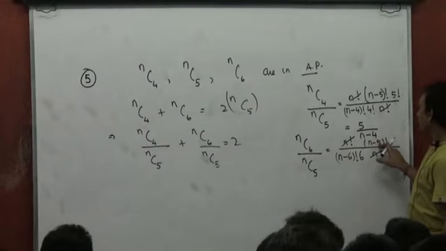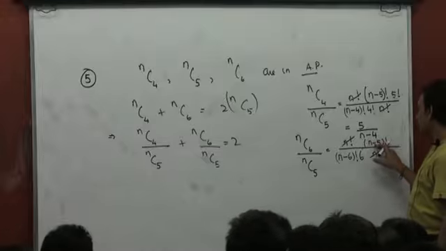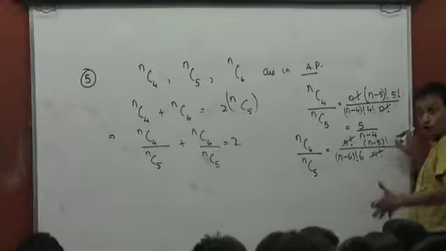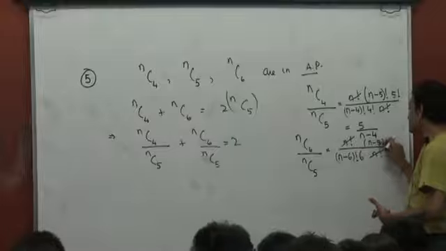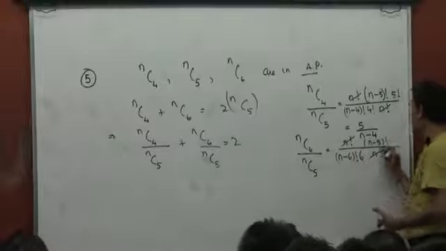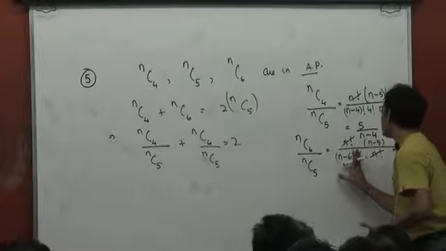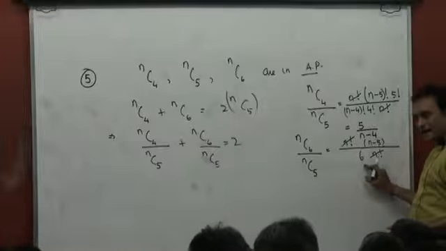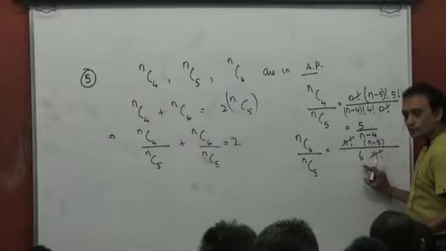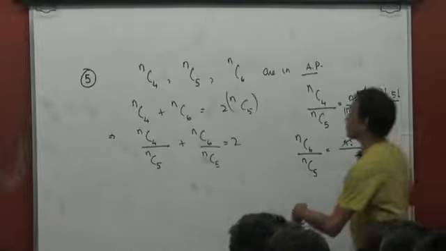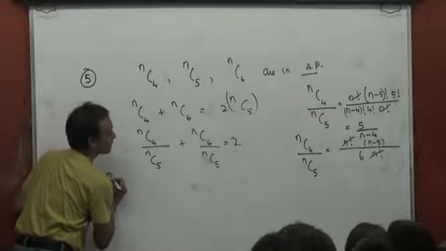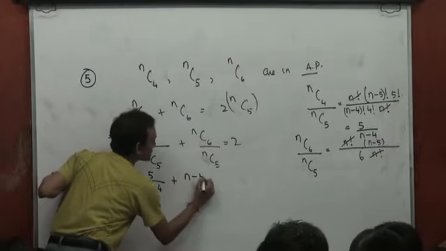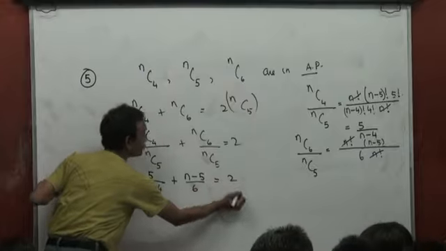And n minus 5 factorial is n minus 5 into n minus 6 factorial, so n minus 6 factorial will get cancelled. You will be left with n minus 5 in the numerator. So it becomes n minus 5 by 6. Yes or no? Clear? So plugging in the same, 5 by n minus 4 plus n minus 5 by 6 equals 2.